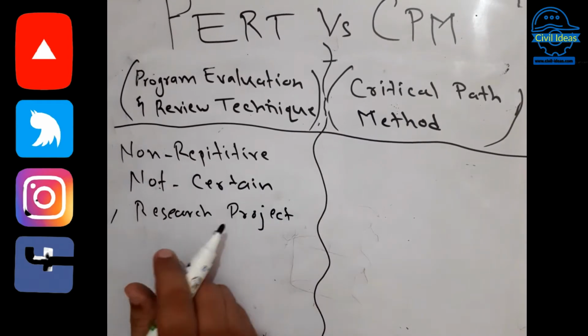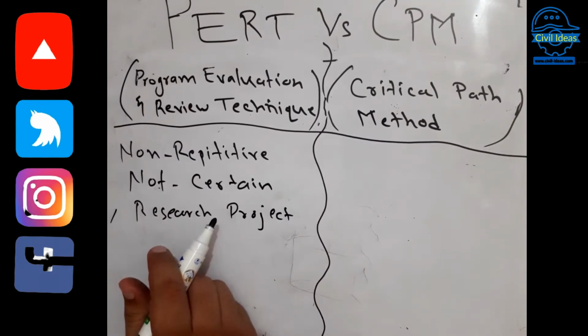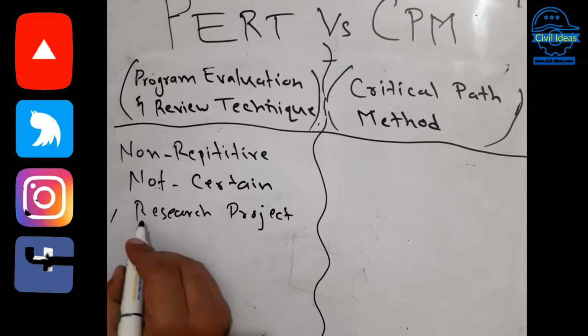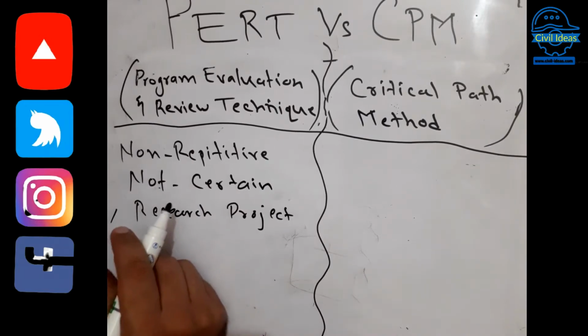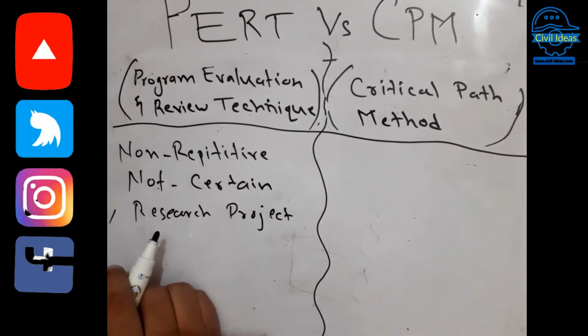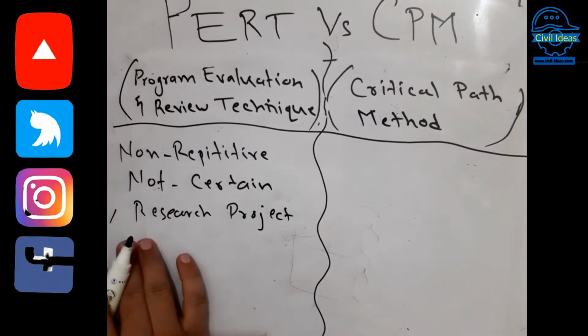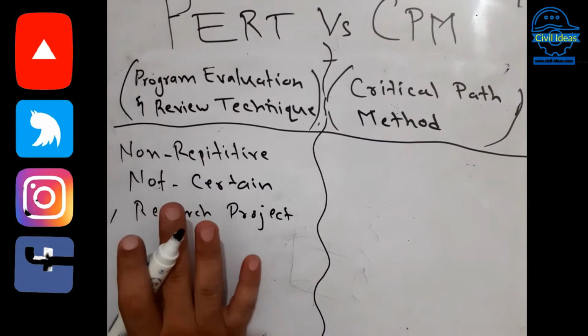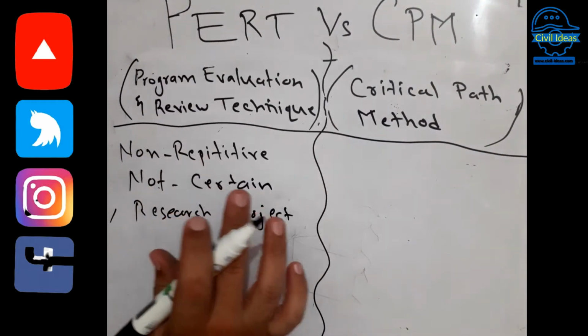So you are not certain on which date it can be finished, what ways may be taken, and which activities will be involved. You are not sure about these activities and this data. So that's why this type of project is called PERT, Program Evaluation and Review Technique.